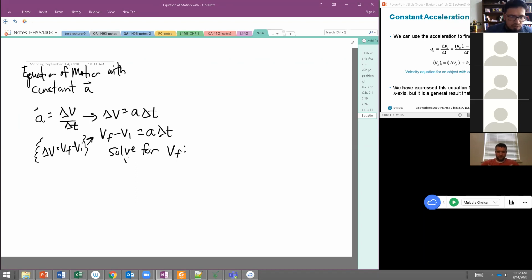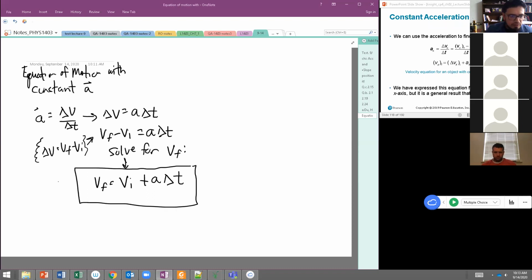You just put the V initial on the other side: V final is equal to the initial velocity plus A times the time interval delta T. This equation here, I'm going to call kinematic equation 1.